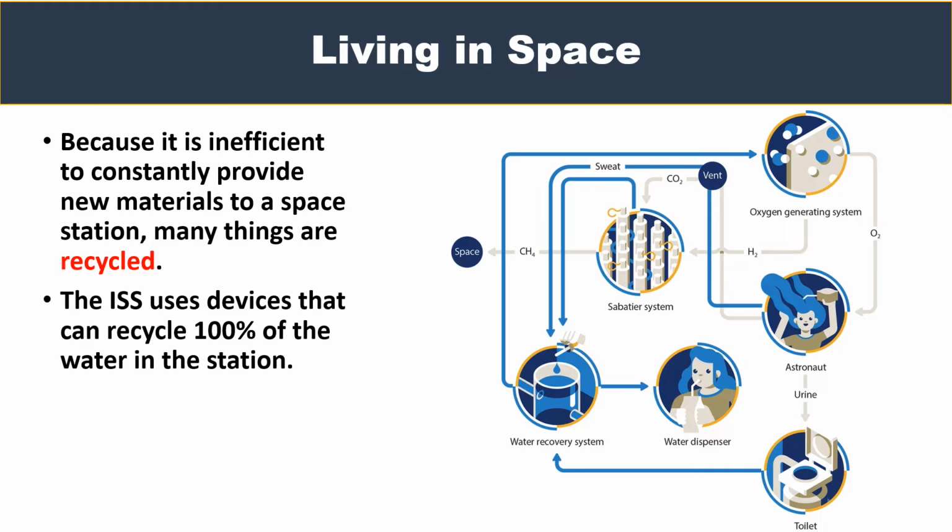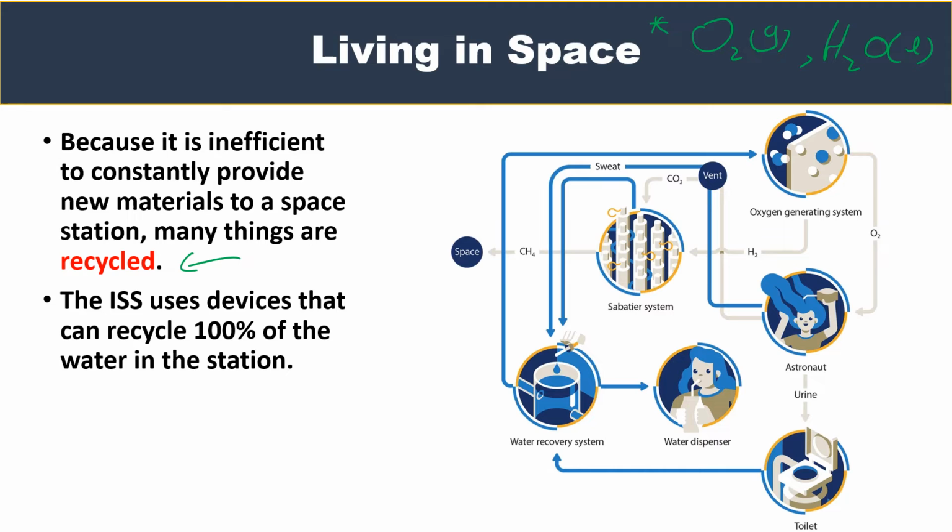If you think about living in space, we cannot get what we need. The most important supplies that we cannot get are oxygen and water, which are essential to our body's equilibrium system. Because it is inefficient to constantly provide new material to the space station, most of it is recycled.